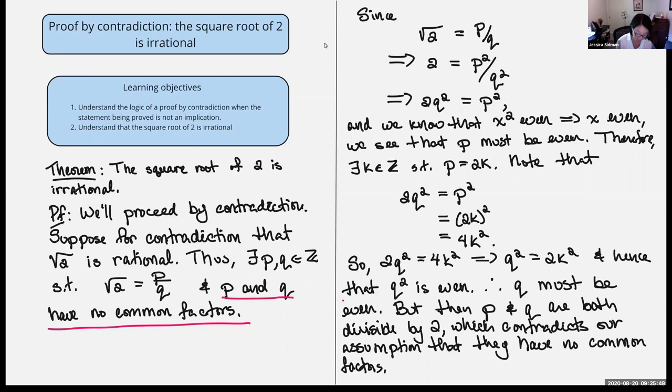So therefore, we conclude that the square root of 2 cannot be rational, and we're done.